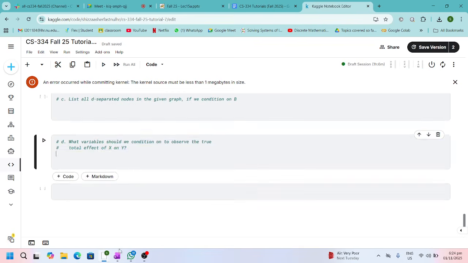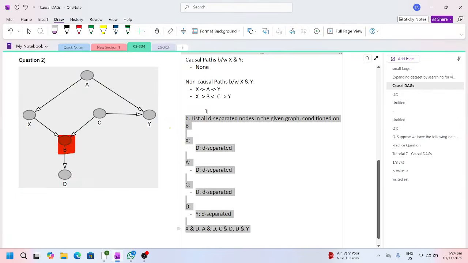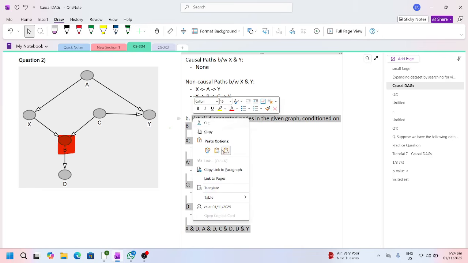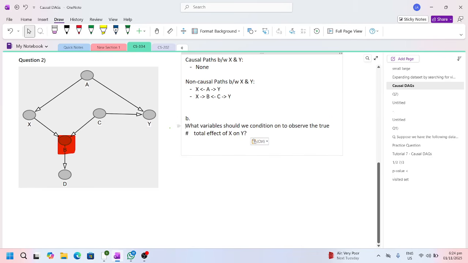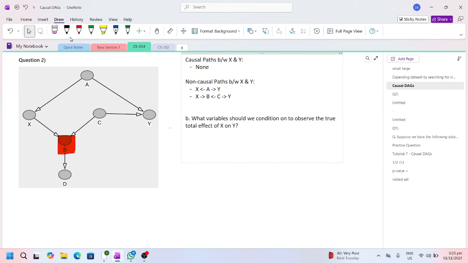So for causal graphs, for now, this is going to be the very last question. What variables should we condition on in order to observe the true total effect of X on Y?